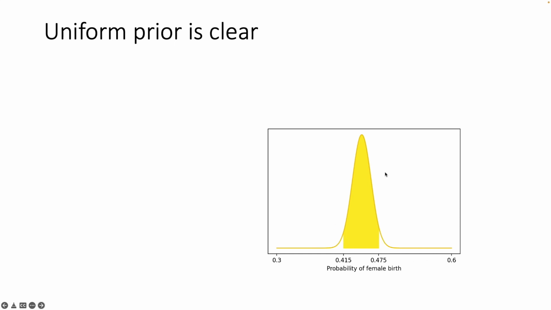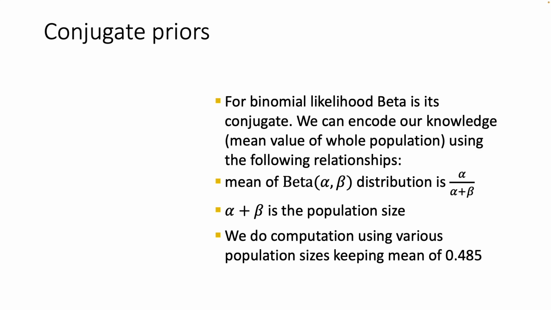And we can also compute it using conjugate priors. What is simple here is that we can now use some prior knowledge about our previous situation. So the general population, we know, has a girl birth rate of 48.5%. We can easily compute parameters alpha and beta of a beta distribution in order to have the same mean.